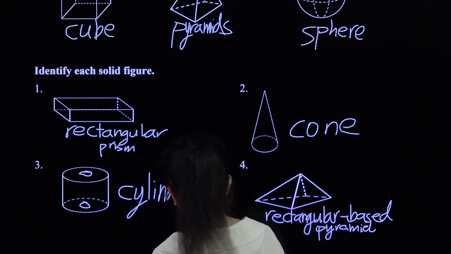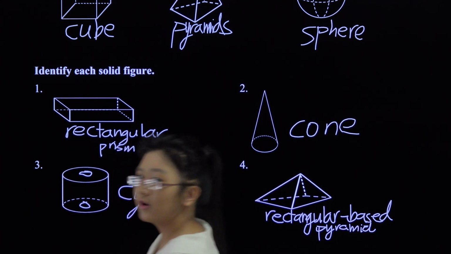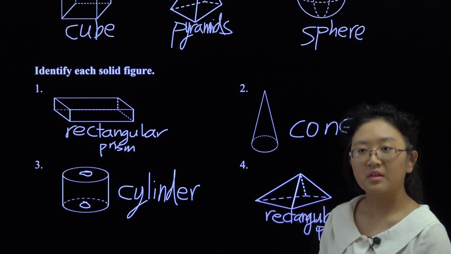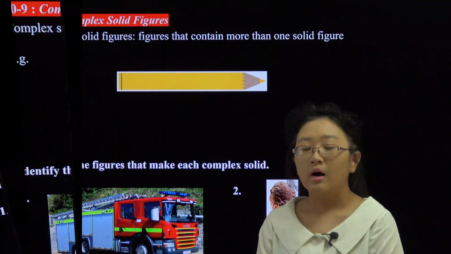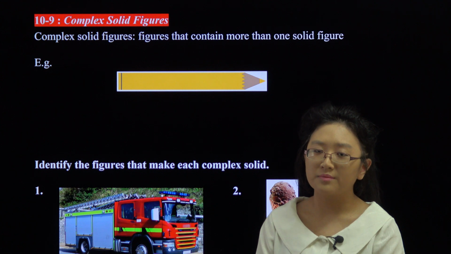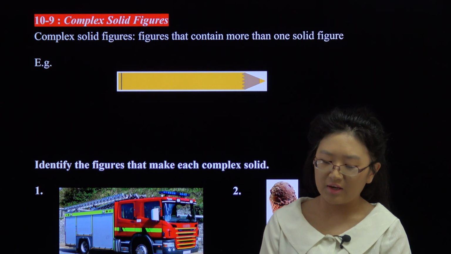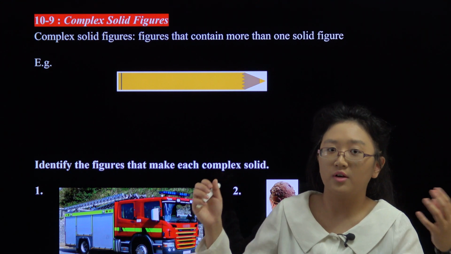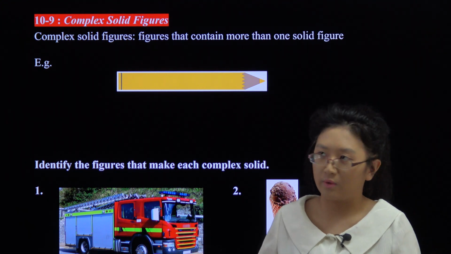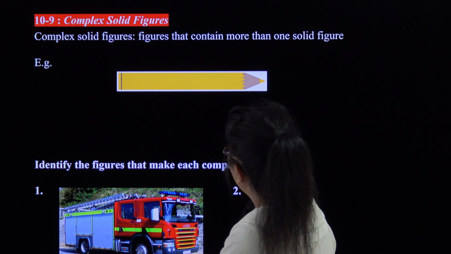All right, moving on to some more good old solid figures. Except more. Complex solid figures are basically objects that have a mishmash of solid figures. Basically just more than one. For example, a pencil.